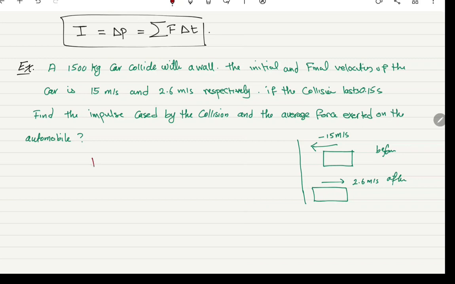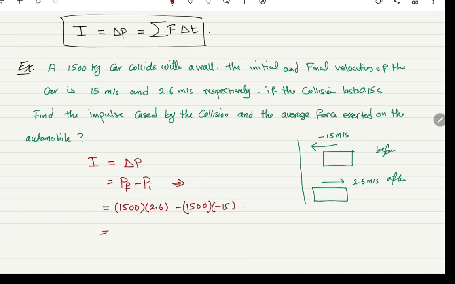Now the impulse here equals the change in momentum, or P final minus P initial, and in this case equals 1500, which is the mass of the car, times 2.6 meters per second minus 1500 times minus 15.